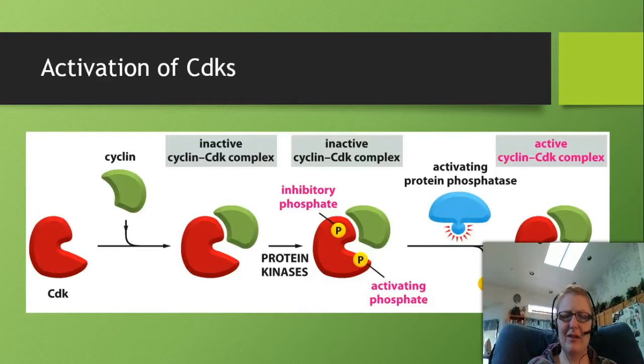And these inhibitory phosphates still prevent the cyclin CDK complex from being activated. It's not until the phosphatase removes those inhibitory phosphates that the active cyclin CDK complex can go and do what it needs to do. So, I mean, it's a little confusing because it gets phosphorylated and then dephosphorylated before it can become active. But it's important to understand how that works.